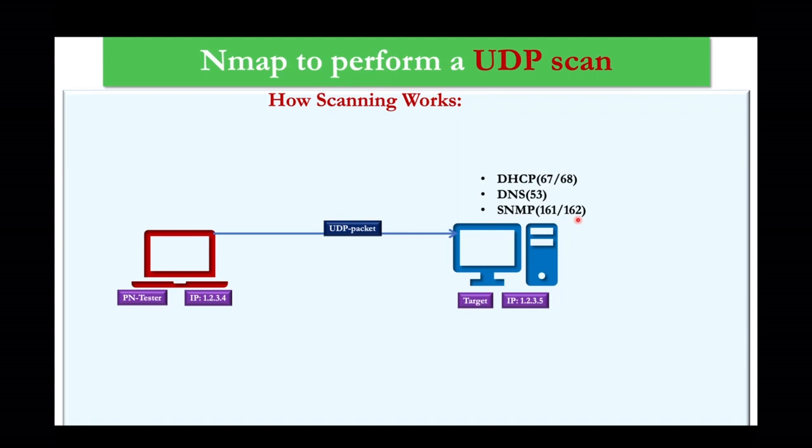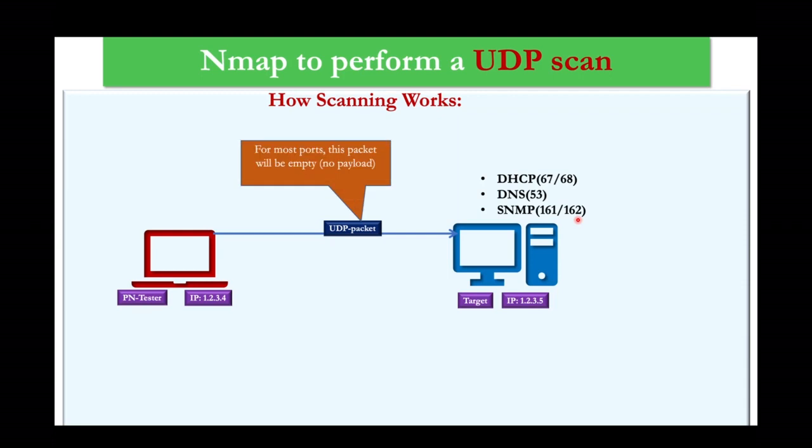For most ports, this packet will be empty because there is no payload in it. But for a few of the more common or registered ports, a protocol-specific payload will be sent.